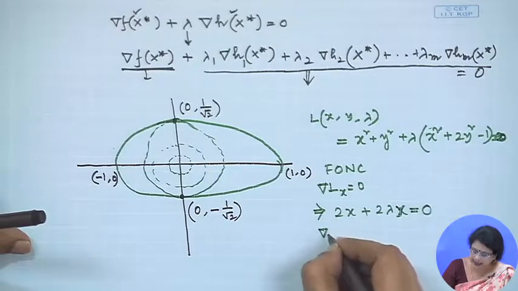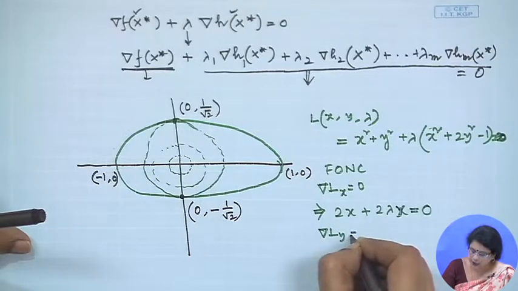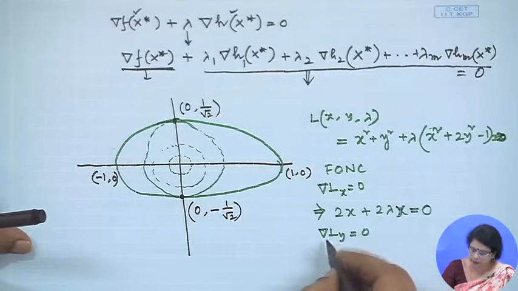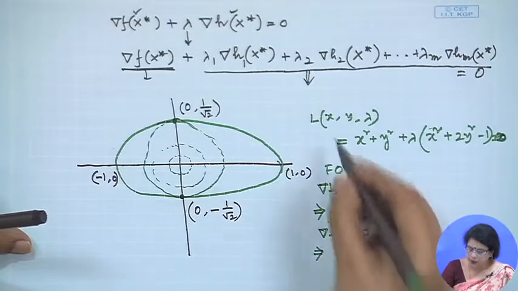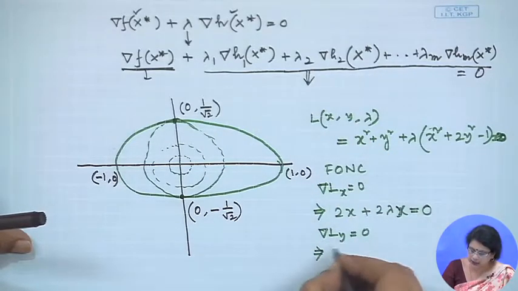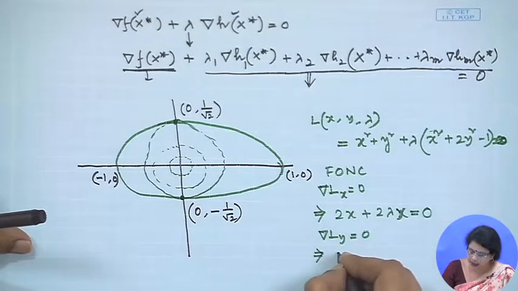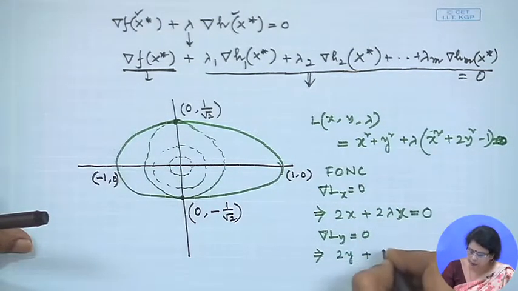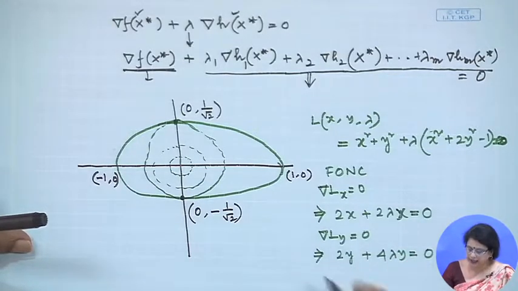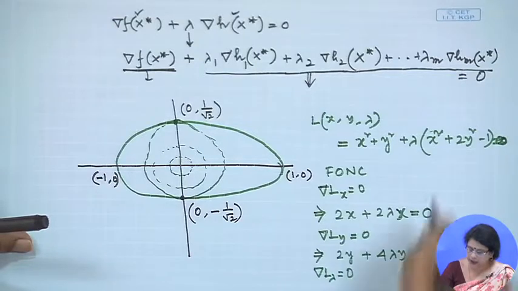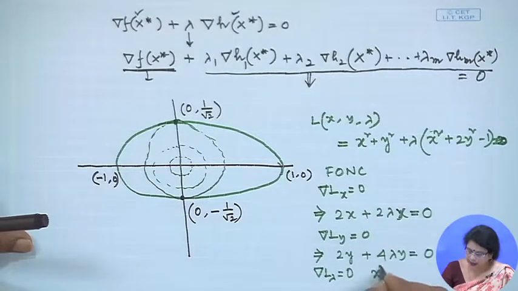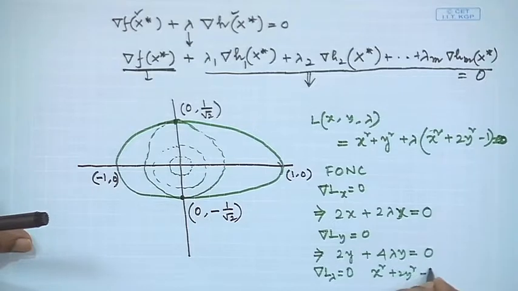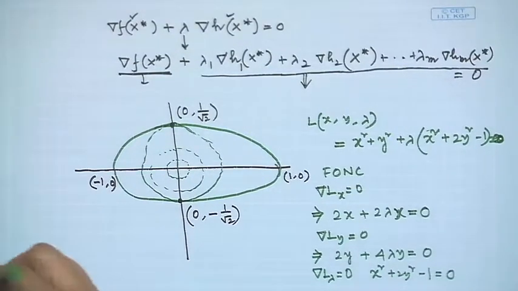This is another first order necessary condition with respect to y: if we partially differentiate L with respect to y, we get 2y plus 4 lambda y equal to 0. What else are we getting? We are getting L lambda must be equal to 0, which means x square plus 2y square minus 1 is equal to 0. Then what exactly are we getting?